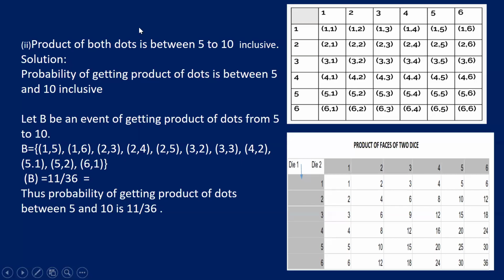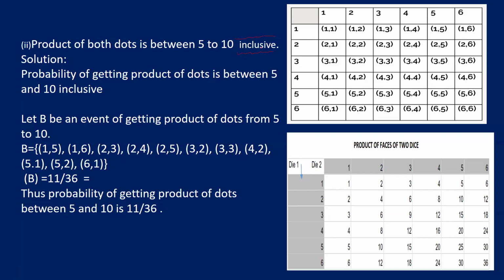Then we have another part, that is the very next one. It is about the product of both dots being between 5 and 10. I have included the word inclusive in it, because if I do not include this word, it causes a problem.